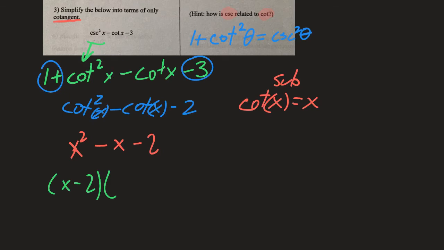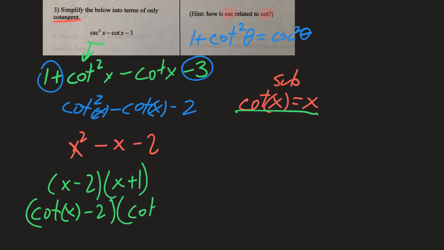So we've got x minus 2 and x plus 1, which means finally I can turn everything back into cotangents, because remember we said x was actually just cotangent x. And I've got cotangent x minus 2 times cotangent x plus 1.